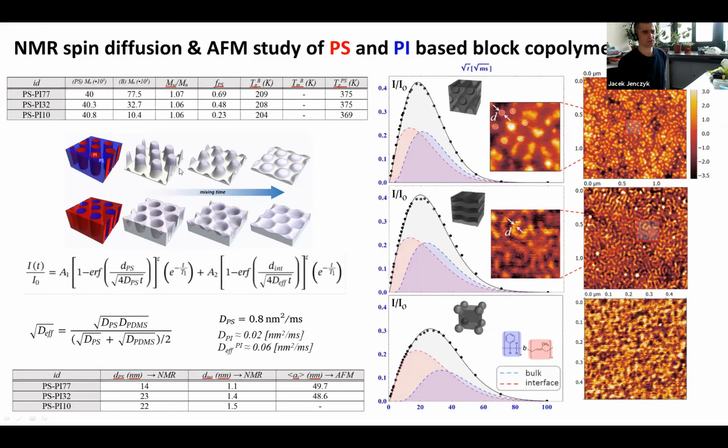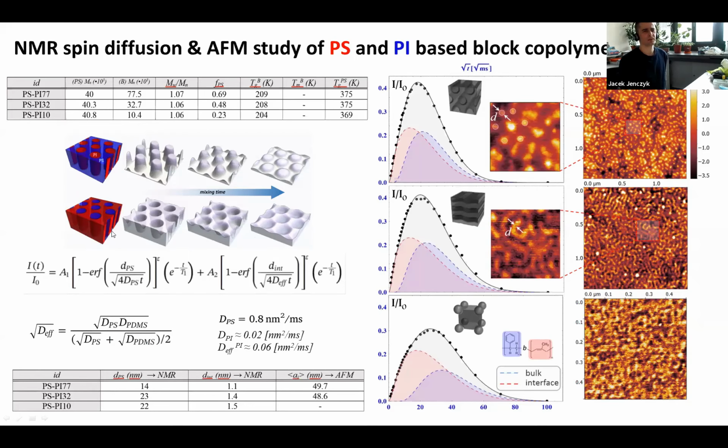And then we can introduce this concept and try to estimate the domain sizes using the NMR spin diffusion approach. And here you can see that we can introduce a slightly modified model, where instead of using only one component, we have two different components.